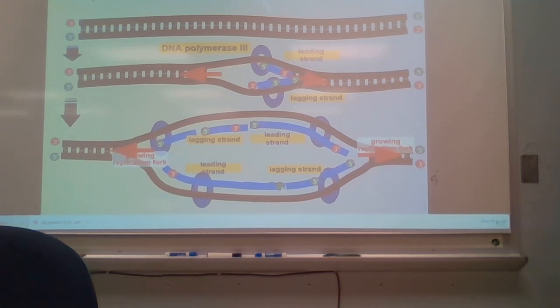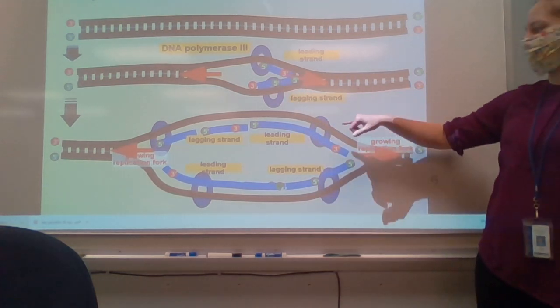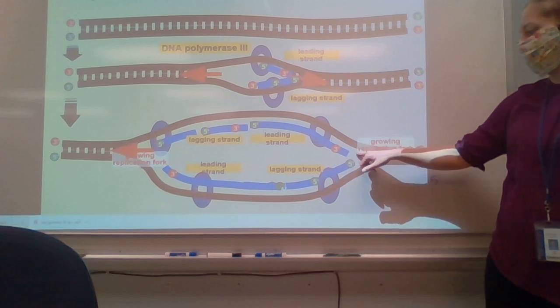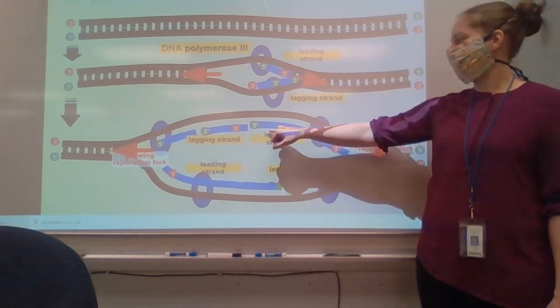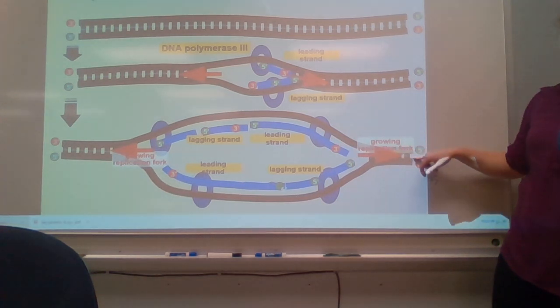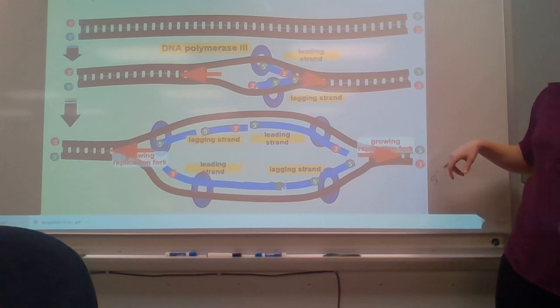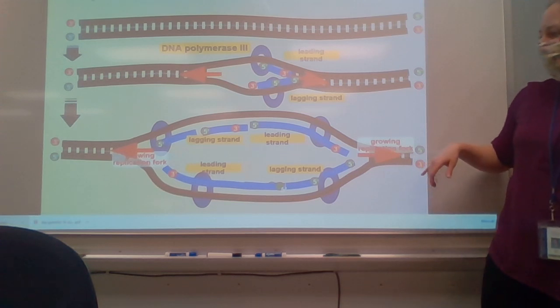Because DNA can only build from the 5' to 3' direction, we have this kind of interesting situation where as helicase unzips that DNA, one side can keep building and building because that 3' end is always going to be open to build on. We call that the leading strand.